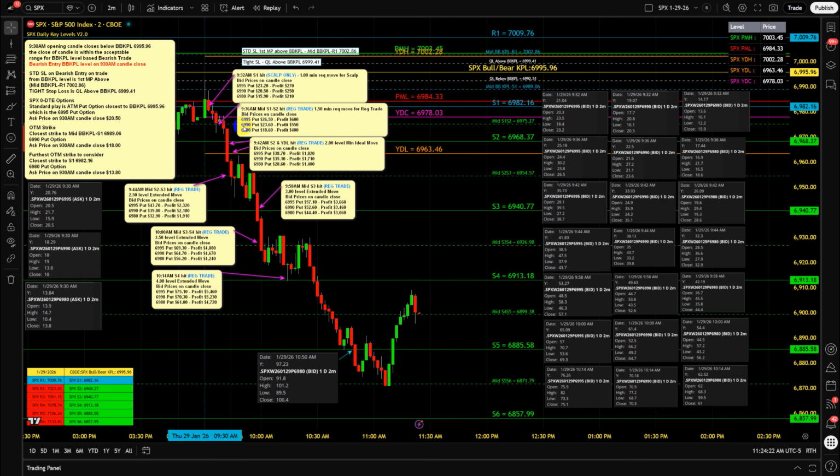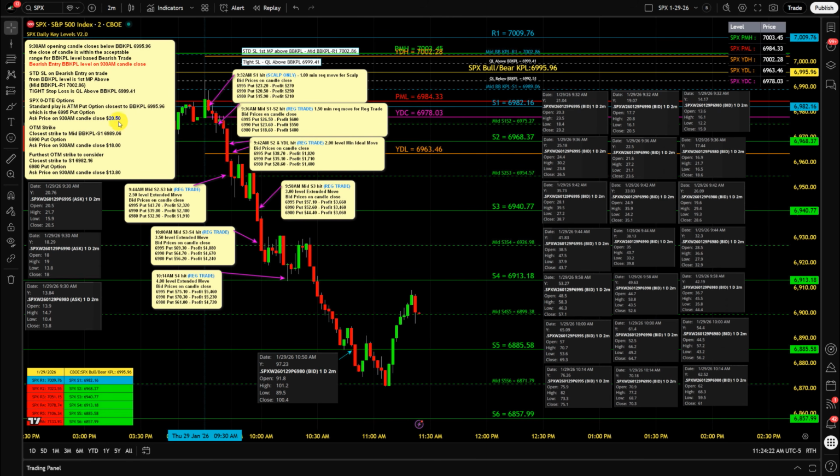So in this case, on the bid price on the candle close here, I was taking the example, the 69.95 put, $26.50. We paid $20.50, so adjusting our stop loss to break even, if we're inclined to do that, is adjusting it to $20.50, as that is what we paid, so that's the break even.